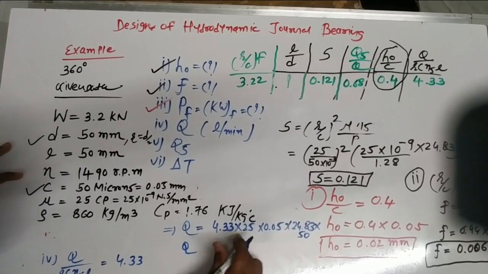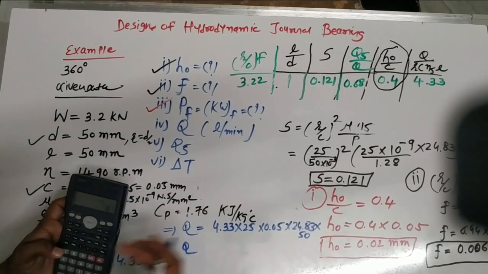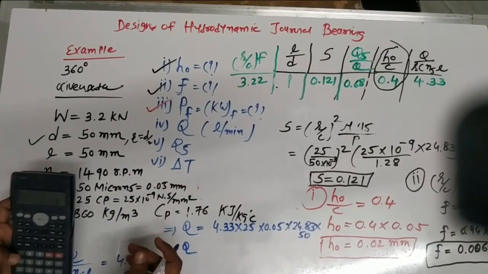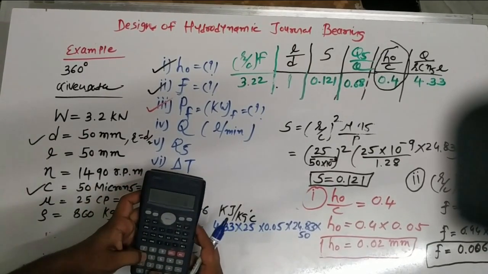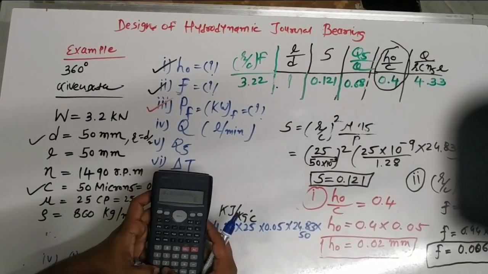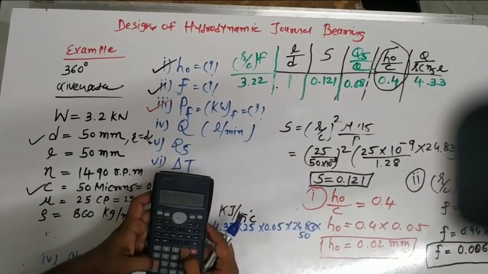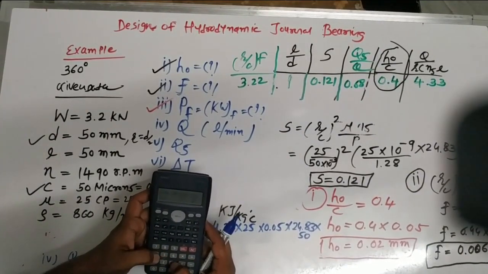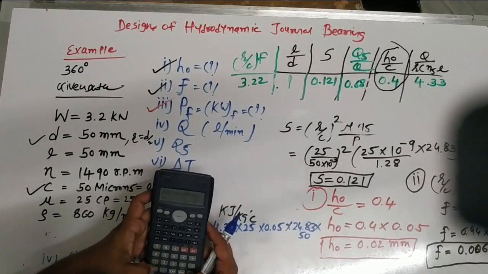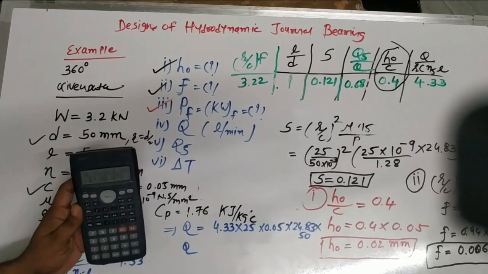So here all dimensions are in mm, so the flow rate we will get is in terms of millimeters. Let us see the answer, that is 4.33 into 25 into 0.05 into 24.83 into 50.